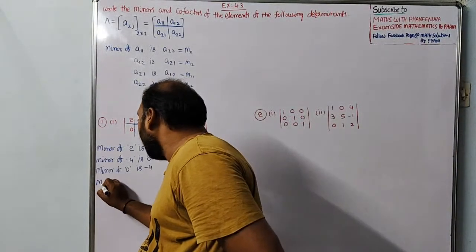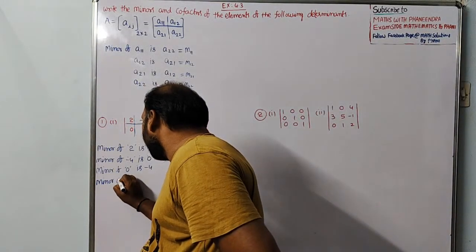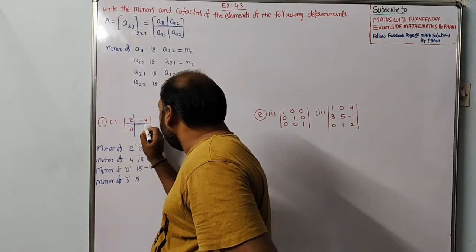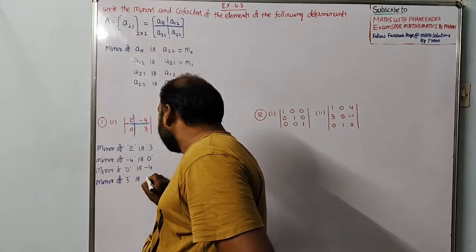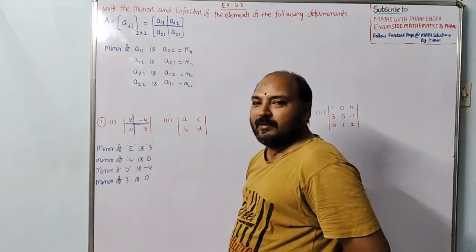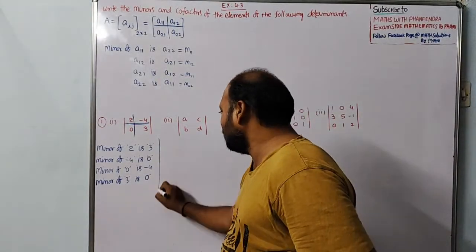Next, the minor of 3: if you eliminate this column and this row, 0 will be there, no? 0 is the minor of this element.